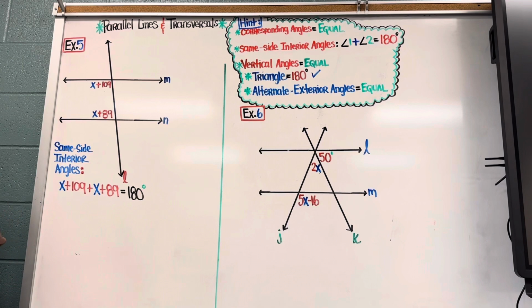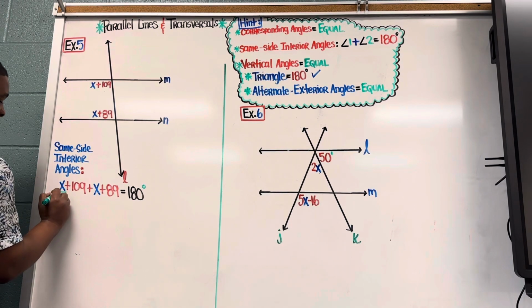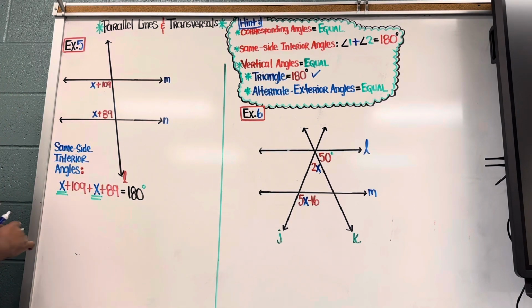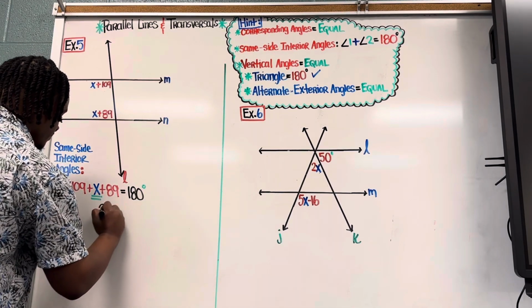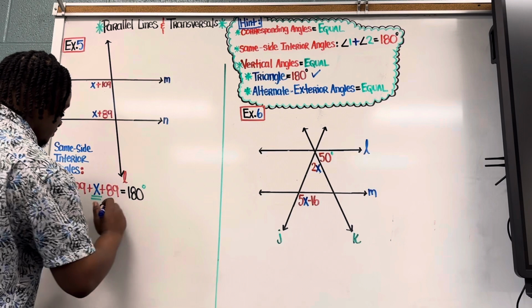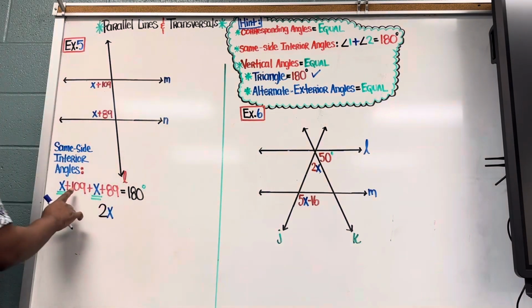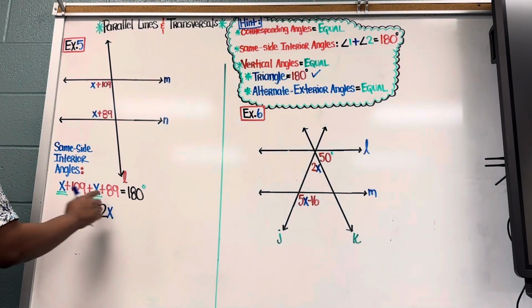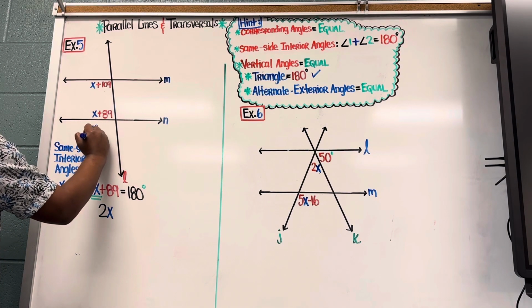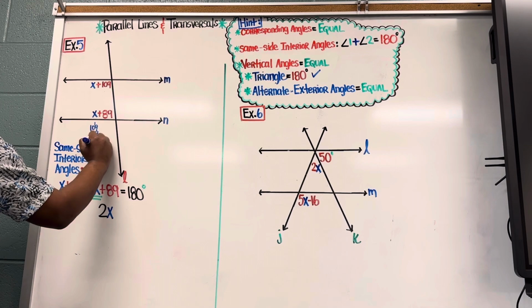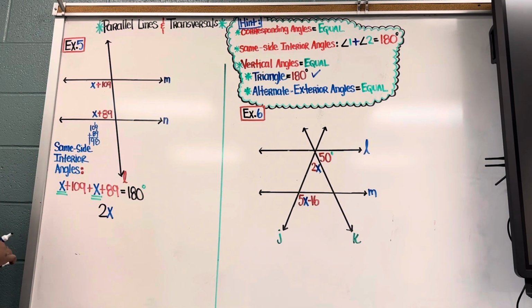What we need to do is combine like terms, so I can combine these two x's. So 2 x's equal 2x, right? And I can combine 109 with 89. So let me do that. So 109 plus 89, that's 198.